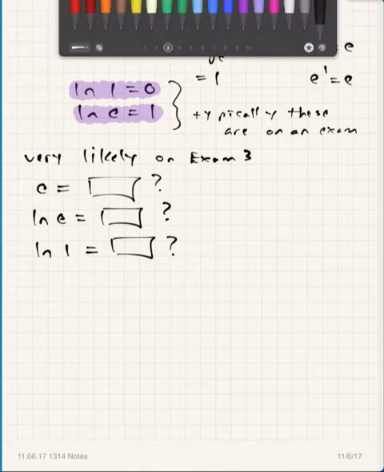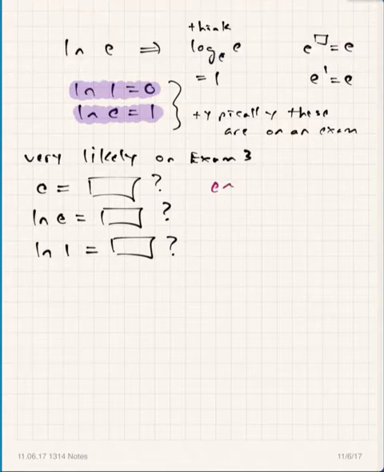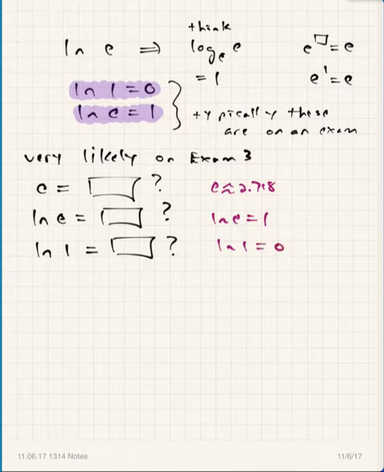What are the answers there? e is approximately equal to 2.718, so I'd be looking for a decimal approximation there. Natural log of e is equal to 1, and the natural log of 1 is equal to 0. If you're a business major taking college algebra this semester, you have to go on and take business calculus. It's going to be very important in that class.